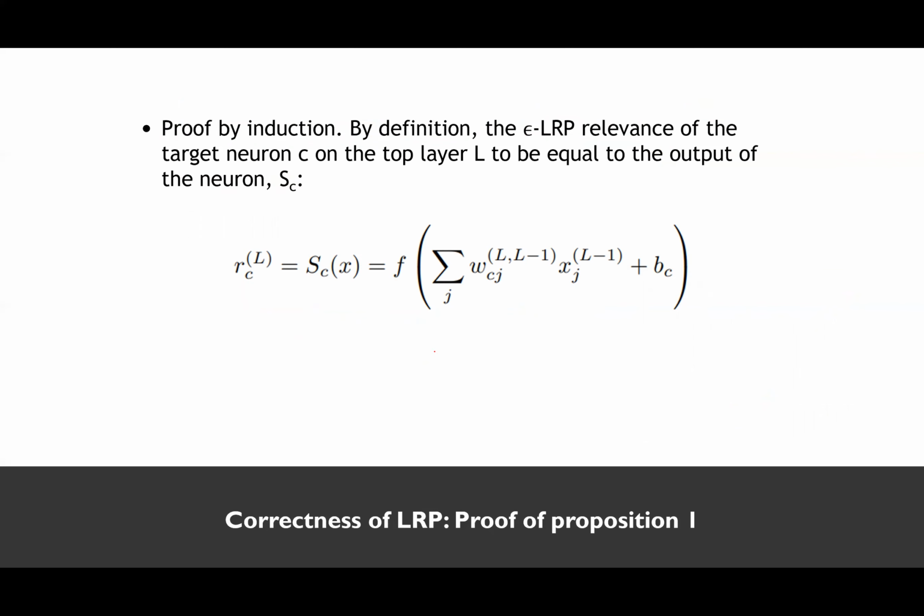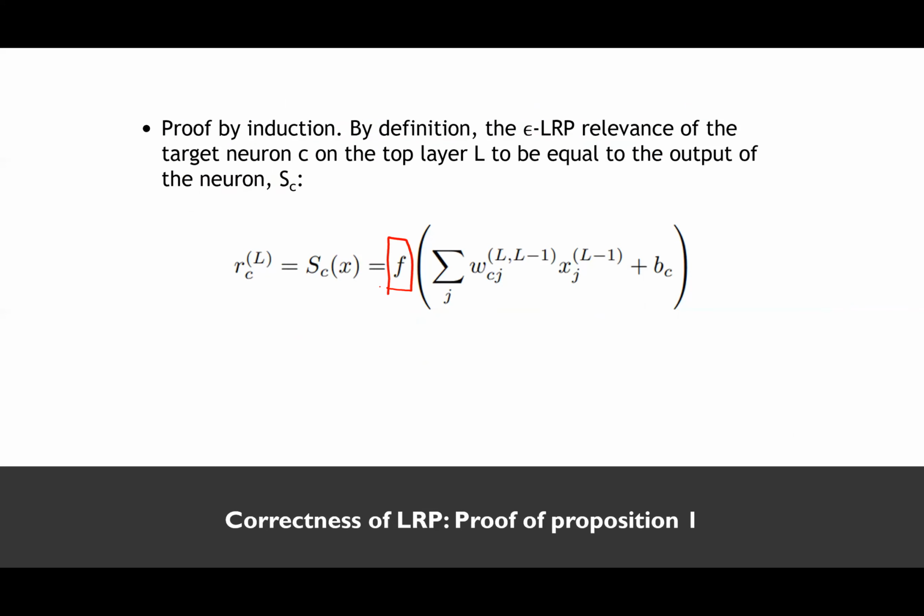By definition, the epsilon-LRP relevance of the target neuron C on the top layer can be represented as recovering the original function. This is the activation function, a nonlinear function.